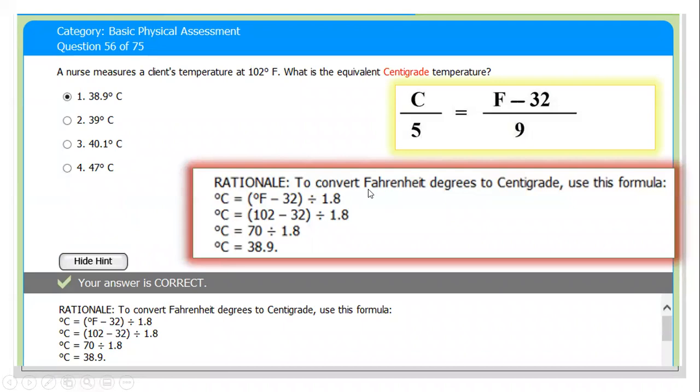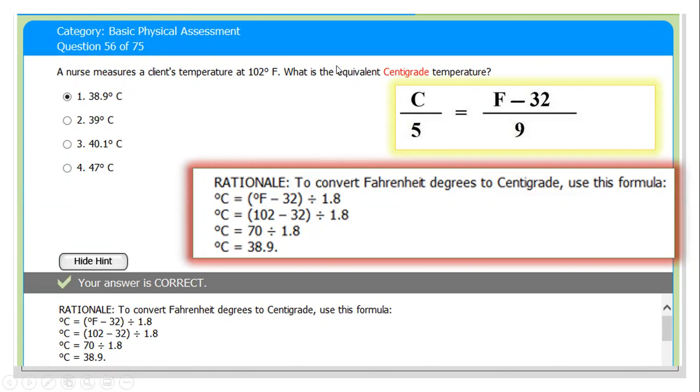To convert Fahrenheit degrees to centigrade or Celsius, use this formula. So if you want to convert a normal body temperature like 98.6 Fahrenheit, or the examiner gave you 102 degrees Fahrenheit, to centigrade or Celsius, plug in the Fahrenheit temperature.